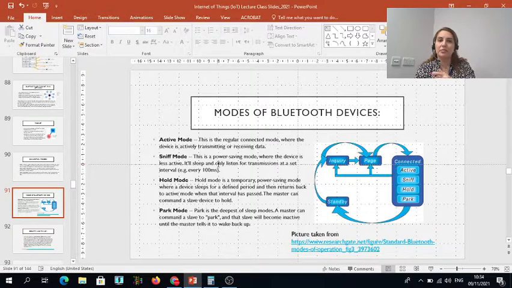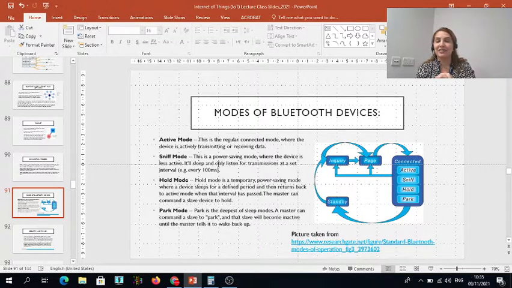Another mode that they might be in is hold mode. Hold mode is temporary power saving mode again, but the device is sleeping for a longer period of time compared to sniff mode, and it can return back to active mode if that period of time is over, or just the device is inquiring again. We also have another mode, which I always make fun of.